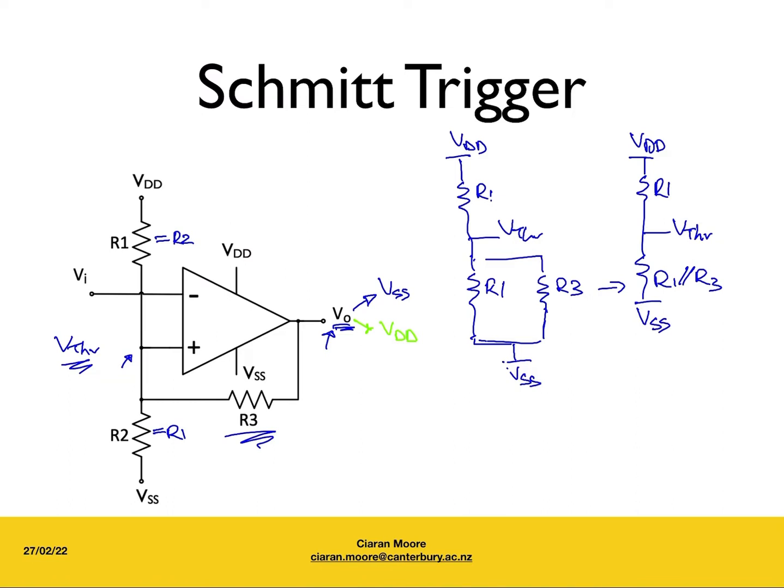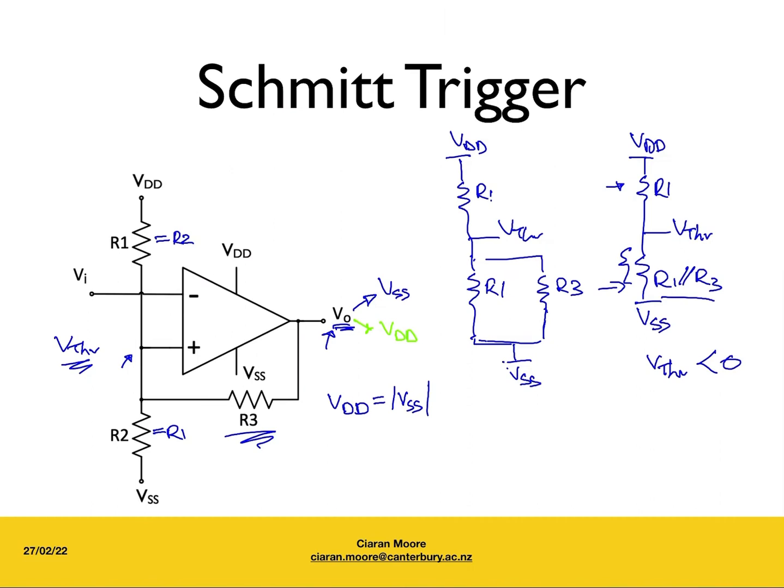So without R3, the threshold voltage would be equidistant between VDD and VSS, and if we slip in one more assumption, I'll assume the magnitudes of VDD and VSS are equal, then VTHR would be 0 volts, but when we add R3, we're making this bottom resistance smaller, because whenever you add resistors in parallel, the total resistance gets smaller, and so here we have a smaller resistance than R1, which means VTHR is going to be less than 0.